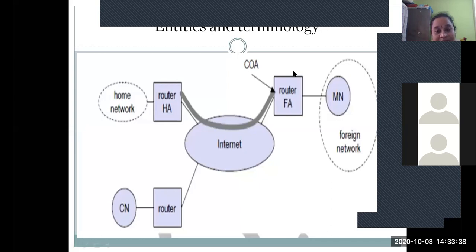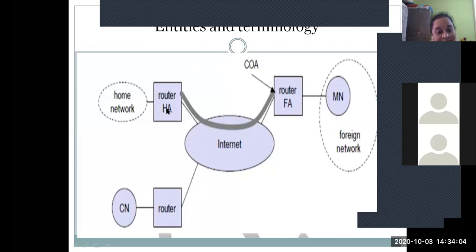From there onwards, the communication starts between the mobile node and the correspondent node with the help of the foreign agent router. So with the COA, it is going to communicate with the correspondent node. Here the encapsulation of the data will be done. That is, the mobile node encapsulates its data through the foreign agent router.